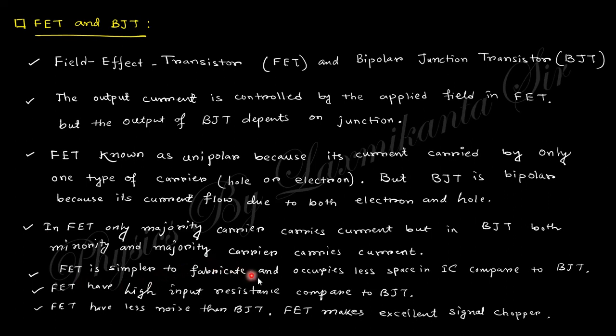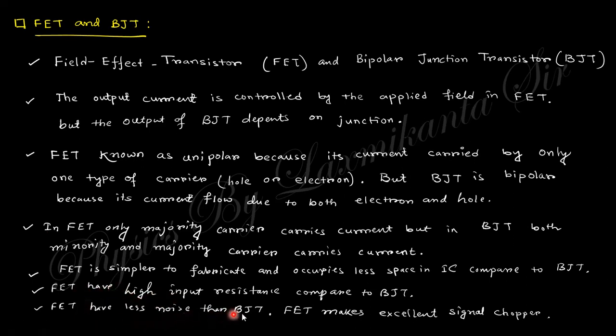FET is simply fabricated and occupies less space in an integrated circuit compared to BJT. So FET is cheaper, smaller in size, and its fabrication is also simpler compared to the BJT. FET has a high input resistance compared to BJT, so where we need a high input resistance, we use the FET.